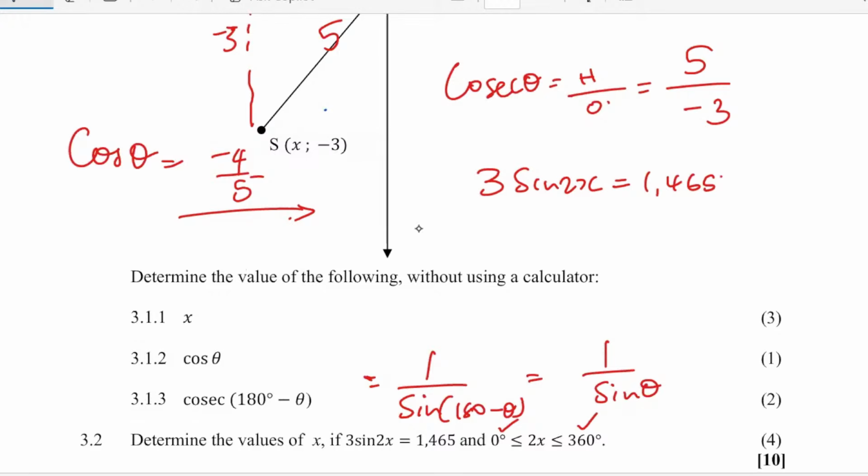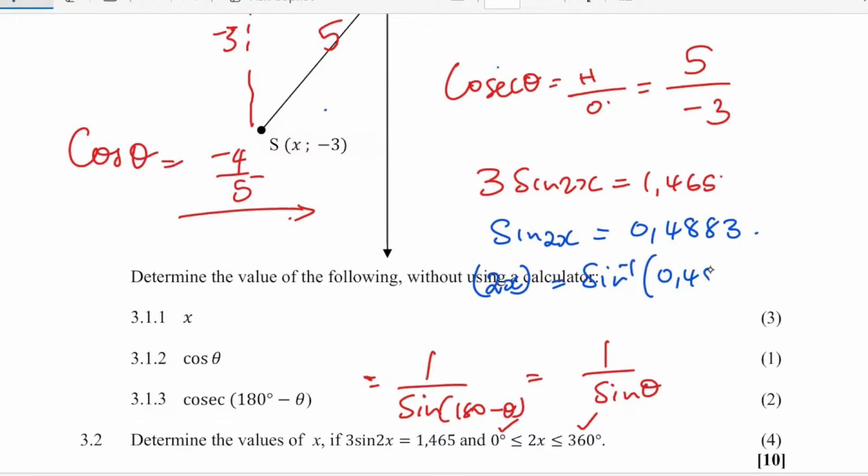Okay, meaning that sine 2x is going to be 0,4883. And continuing, then my 2x should be the shift sine of 0,4883. What does this give us?